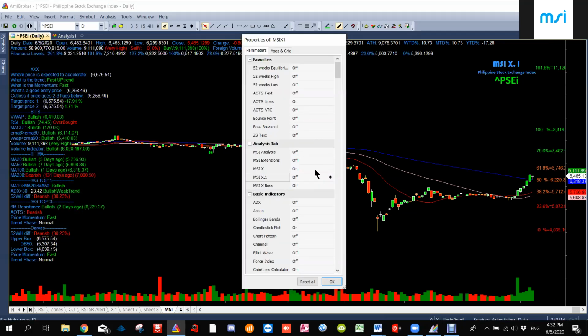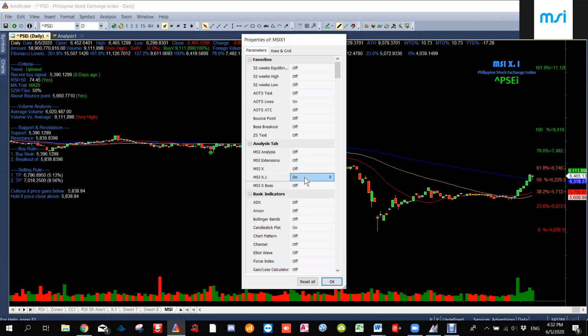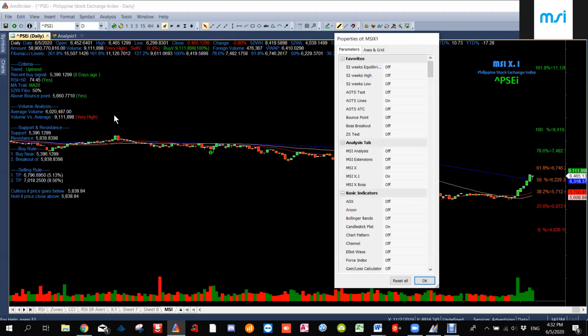Additional sa ating MSI, ito yung MSI X1. So yung X1, ito yung isa sa mga latest nating ginawa. So for example, if ma-meet niya yung criteria dito, then you can assume na pwede kang bumili ng stock na yan. Okay? So is the trend up? If there is a recent buy signal, pwede kang bumili niyan.